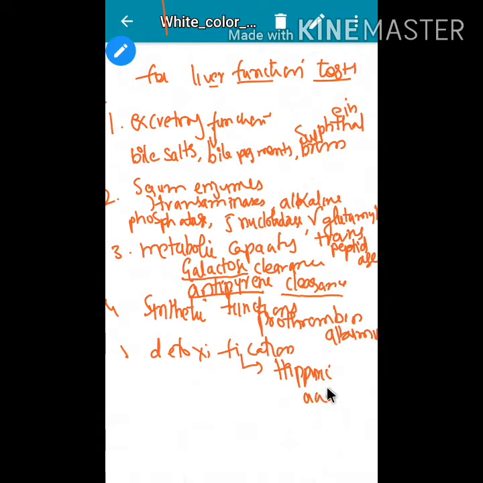Uric acid is formed when benzoic acid is detoxified in the liver. Hence, we will measure uric acid level. These are the various categories of functions of liver.